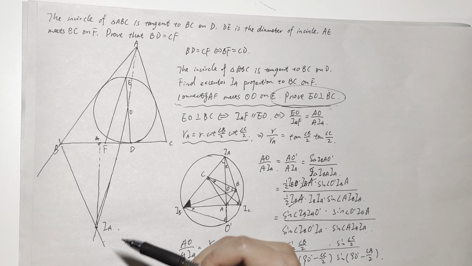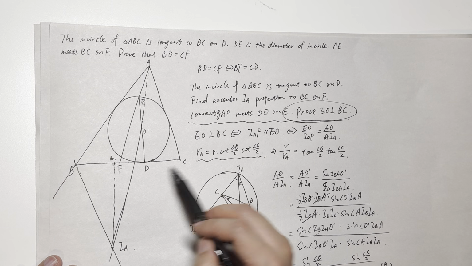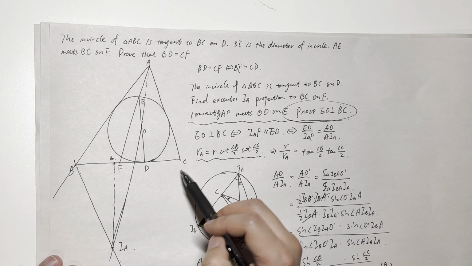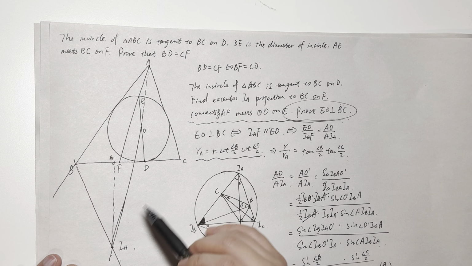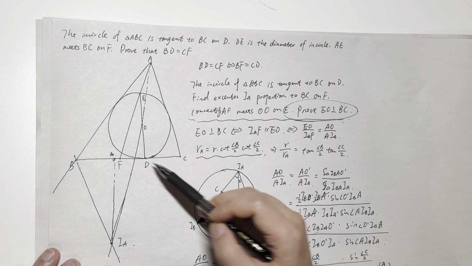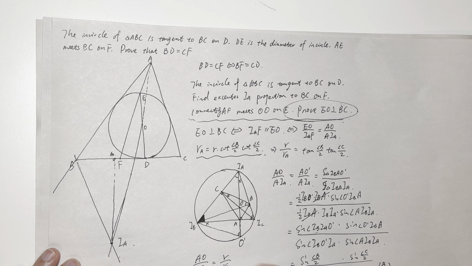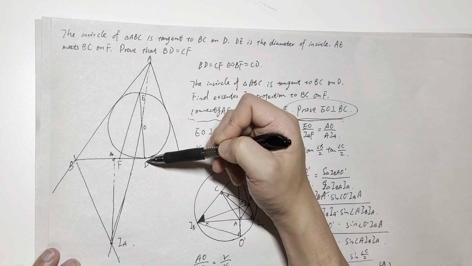We want to prove that BF equals CD, and we already know the expression of CD, and we can translate it from proving that CD equals BF, and the F point we find from the diameter.